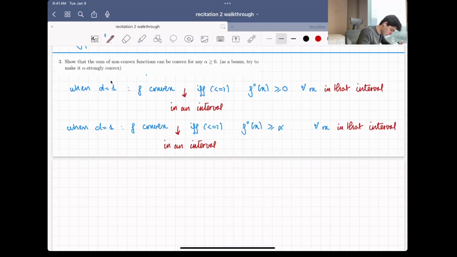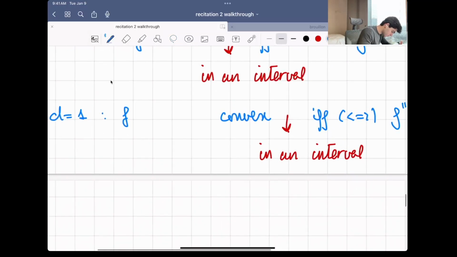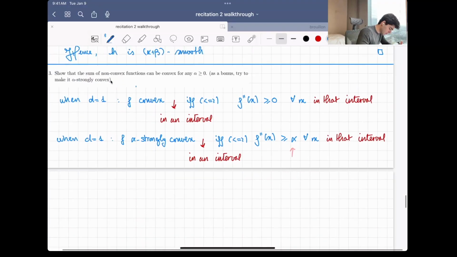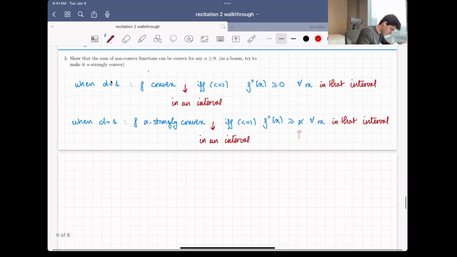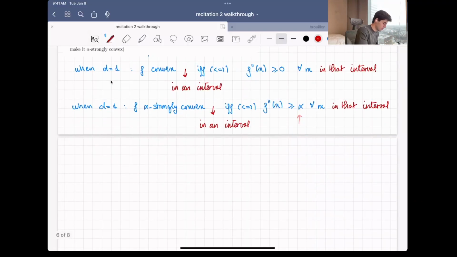Here's the change, right? So f is alpha strongly convex in an interval if and only if the following holds. So great, we have our definitions now.